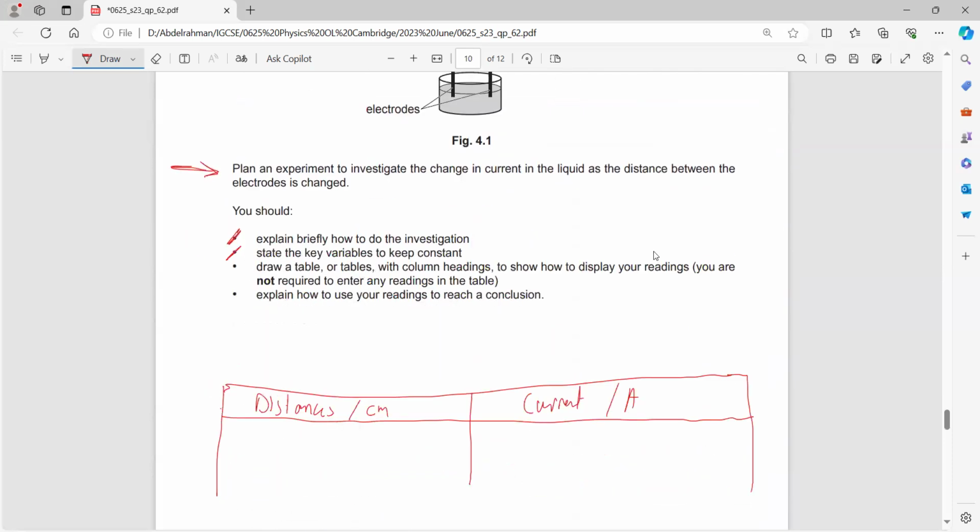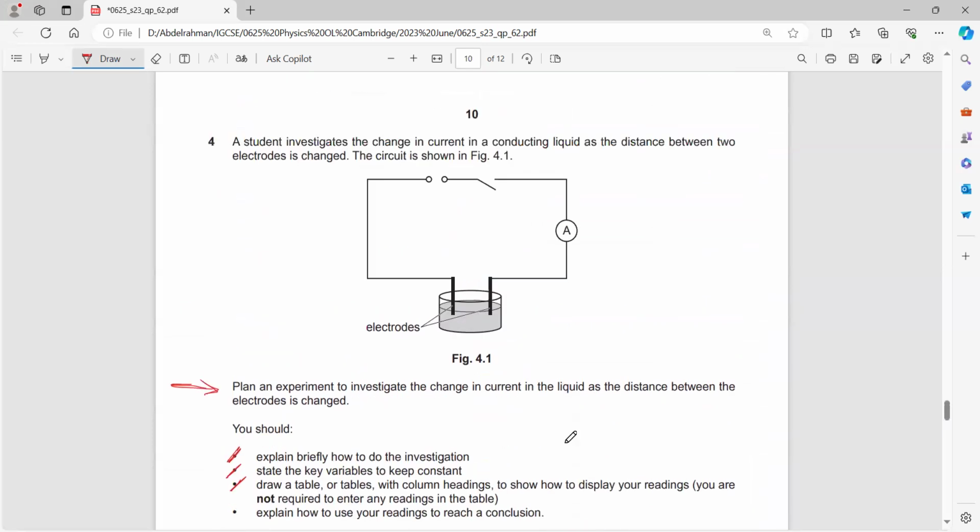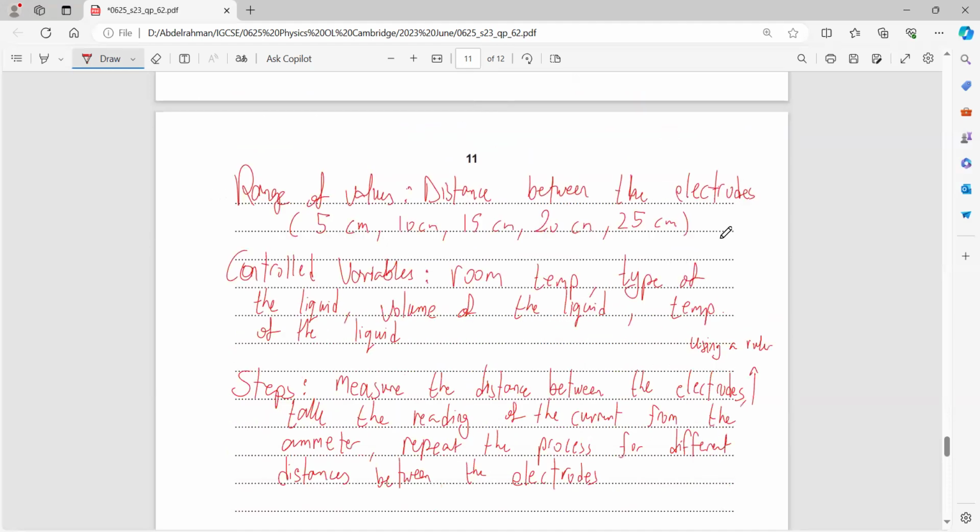Wait a second. Here I had a battery. We forgot something. One of the very, very important key variables in this question is that we have to state that the voltage is the same.